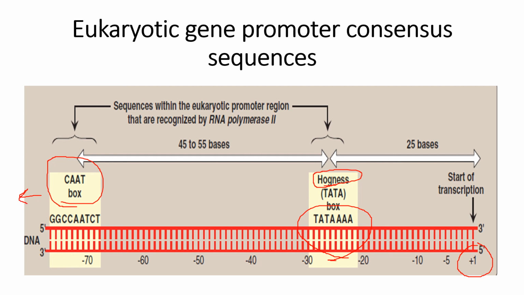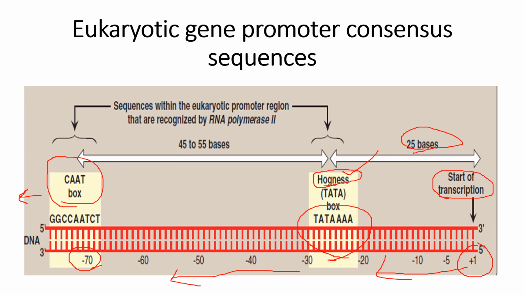About 25 bases upstream from the start of transcription lies the Hogness box or TATA box, which is present in some genes. About 70 to 80 bases upstream from this transcriptional start site lies a CAAT box.